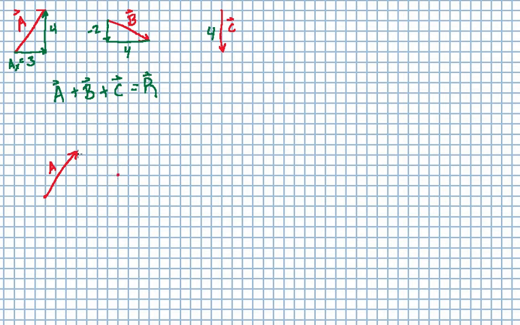So B would then go at the end of the first vector, and you then remember that walkable path. You'd walk along A, and then you'd walk along B, and then we'd walk along C, which is, oops, I actually put C down as 4. That's a negative 4 there, sorry. And then we'd walk along C, which would be just straight down 1, 2, 3, 4. Okay? And this would get us from our starting point to our ending point.